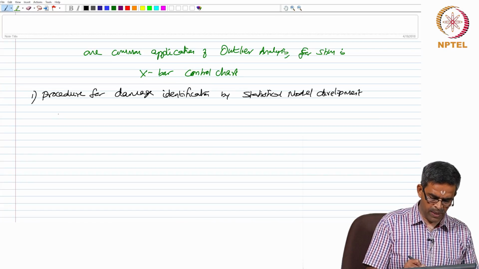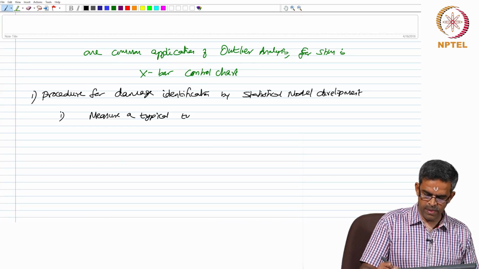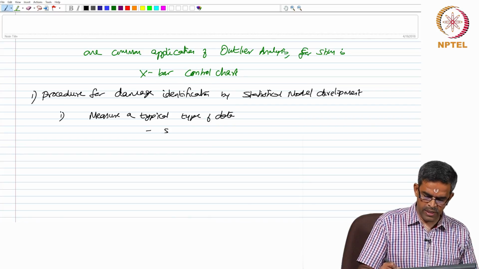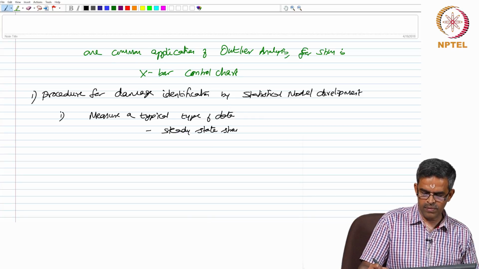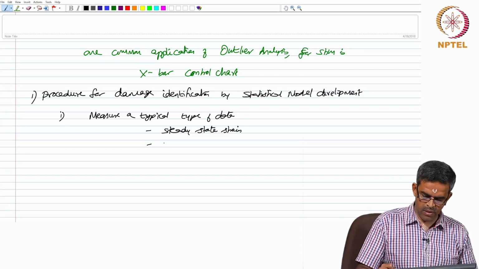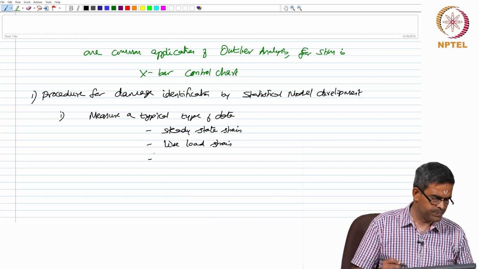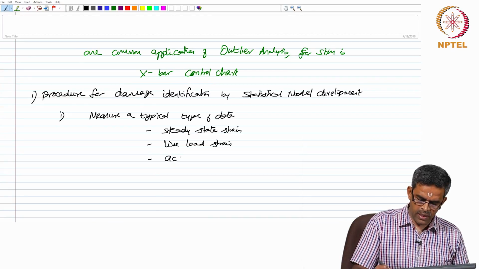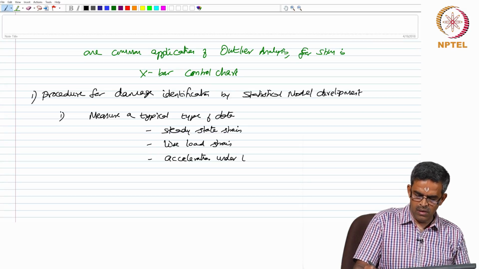So, the first step will be to measure a typical set of data, namely, steady state strain, live load strain, acceleration under live load.